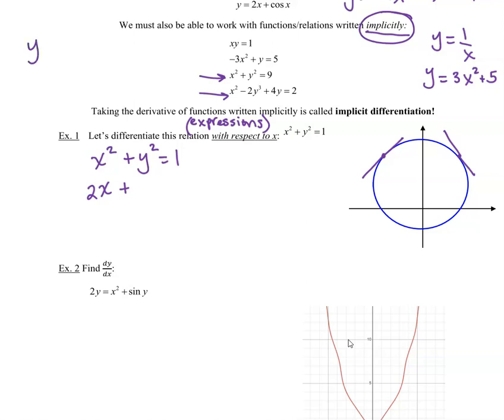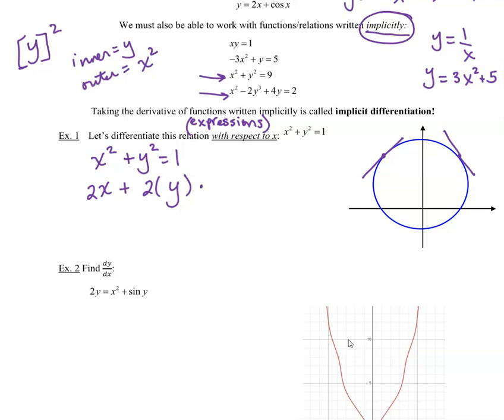You want to think of this as sort of a chain rule. So for example, if I think of y squared as a chain rule where the inner function would be y and the outer function would be x squared, thinking of this like a chain rule, it would be evaluated as the derivative of the outer, but evaluated at the inner, so that's y, times the derivative of the inner.